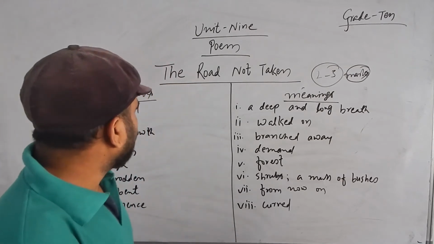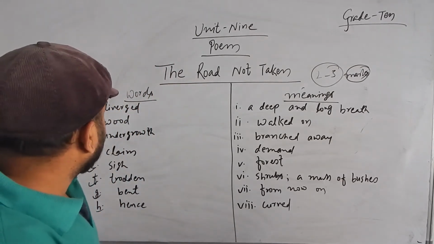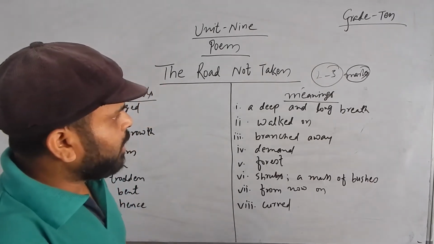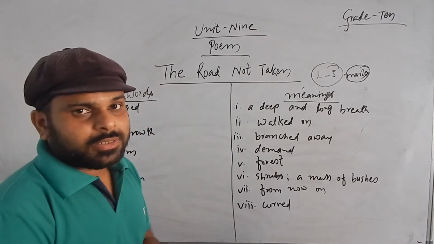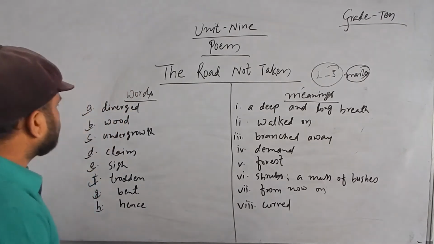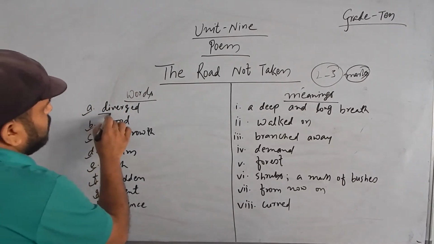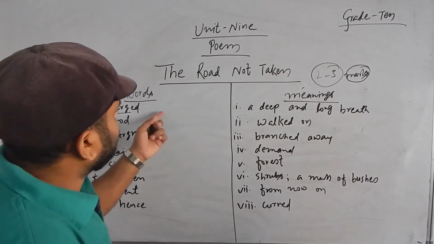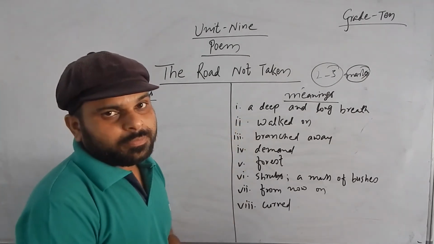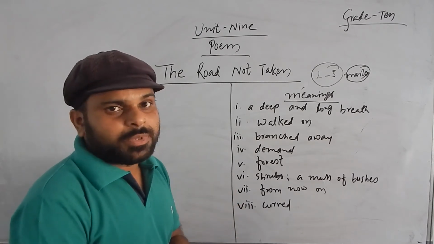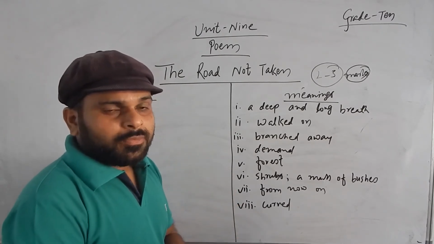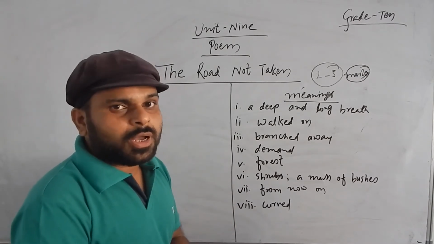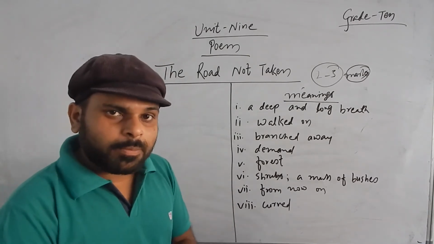So let's see what the major words in your poem are, and try to find the meanings. Match it. So see, diverged. What is the meaning of diverged here? Because here are words and here are meanings. You will be simply asked to find the meanings that are close to the word in the poem.